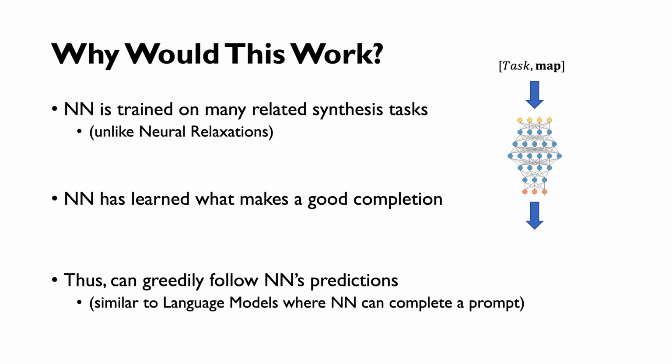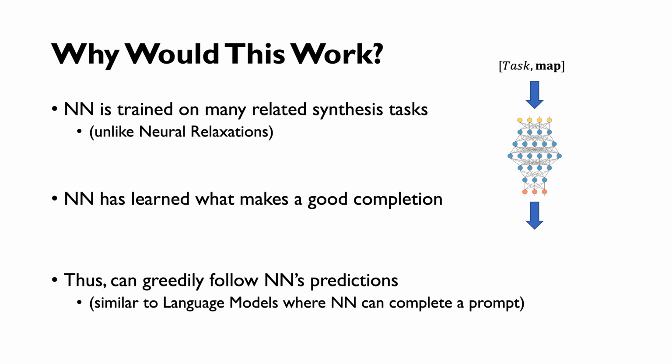Unlike the neural relaxations that we talked about last session, which are only on one task, and therefore require backtracking, in neural-guided search the neural network has been trained on many tasks. It has encoded more information about this whole collection of tasks, and you can just greedily follow the neural network's predictions to generate a full program without any backtracking.